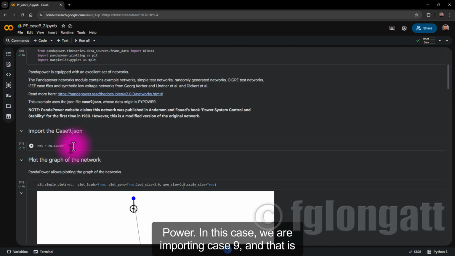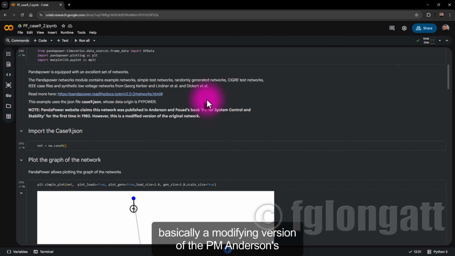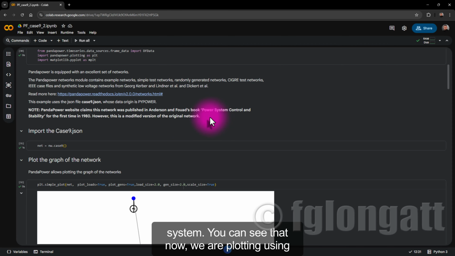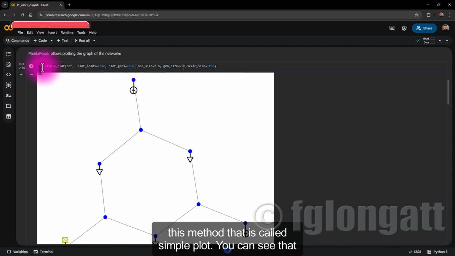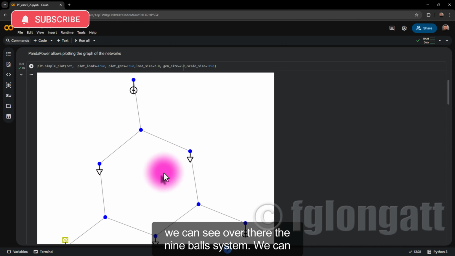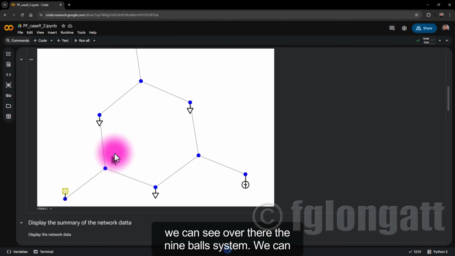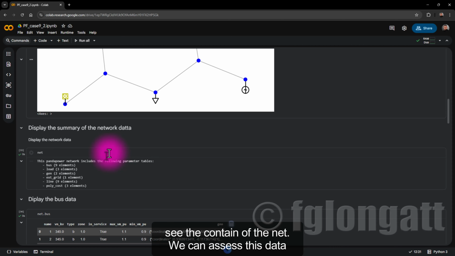In this case, we are importing case 9, and that is basically a modified version of the P.M Anderson system, okay? You can see that now we are plotting using this method that is called simple plot. We can see over there the 9-bus system, okay? We can see the content of the net.